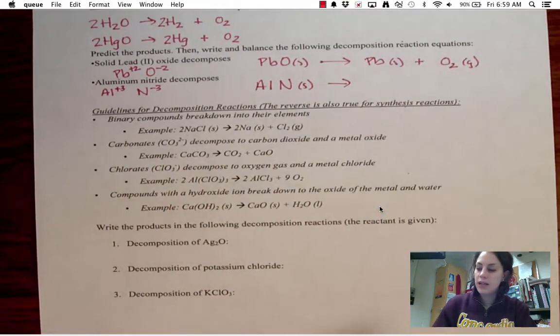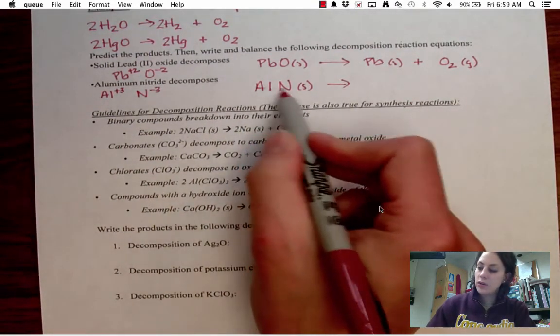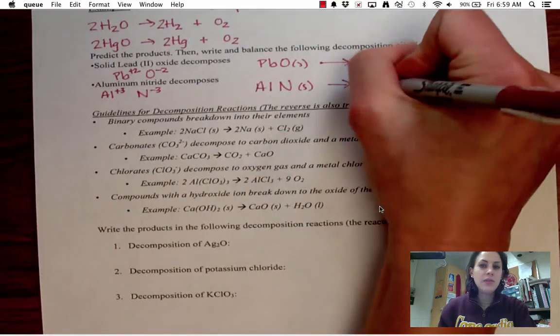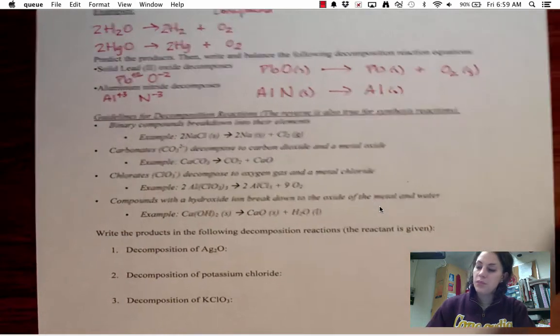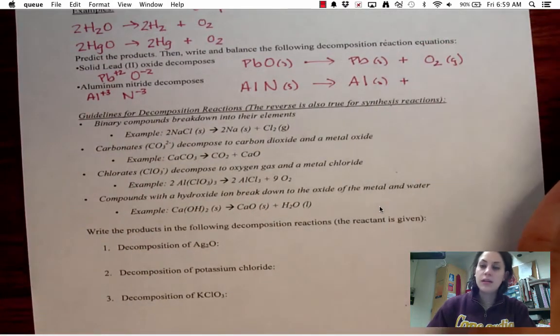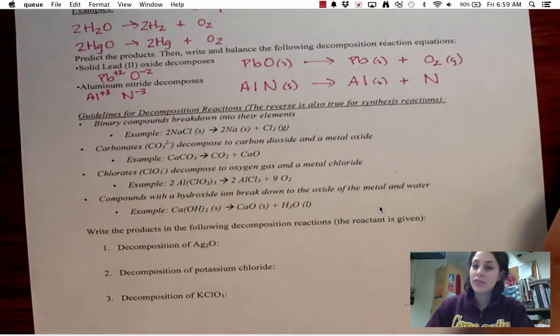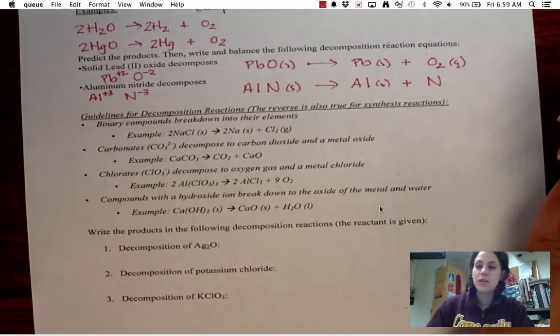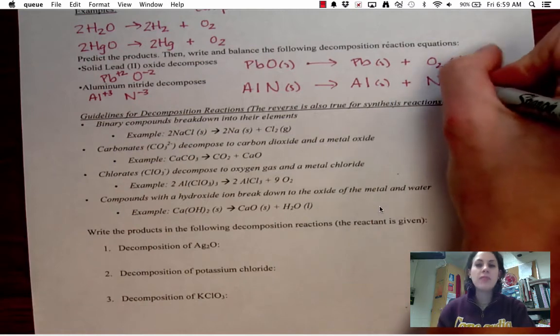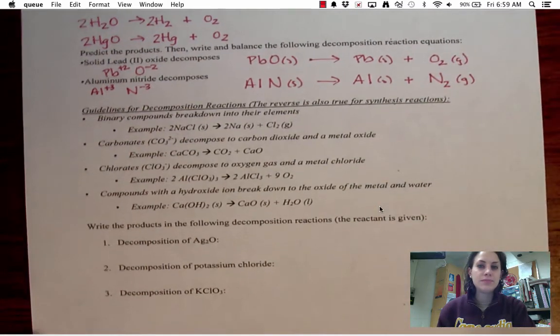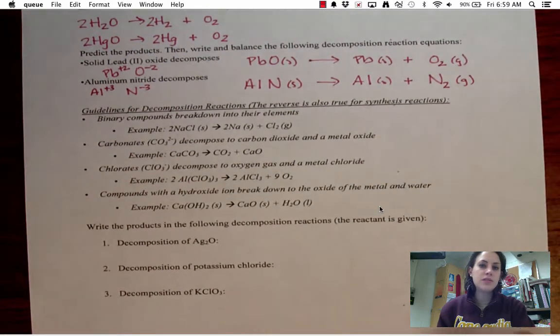It's going to break apart into its elements. I have aluminum, which is not one of my 7 diatomics. That'll just get a little solid next to it, plus nitrogen, which is one of the 7 diatomic elements, so that will get a little 2 next to it. And that'll probably be a gas also. All right, then you can go ahead and balance those two.